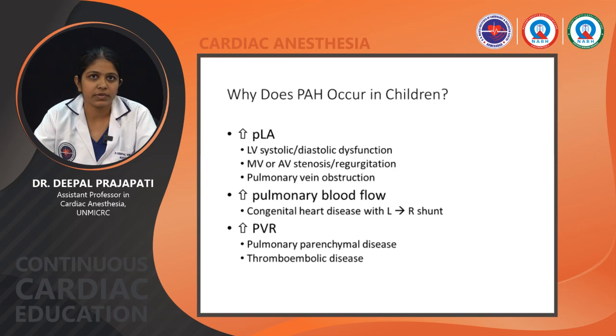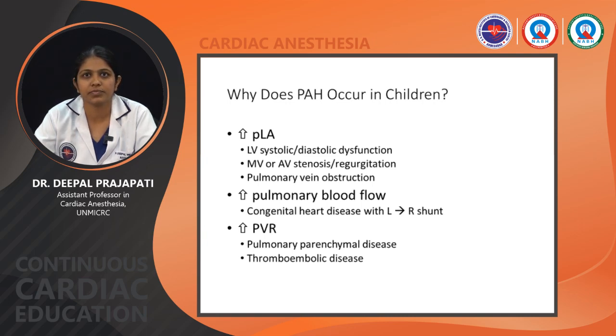Either there is left ventricular systolic or diastolic dysfunction, mitral valve or aortic valve stenosis or regurgitation, or pulmonary venous obstruction. The second cause, increased pulmonary blood flow, may be due to congenital heart disease with left to right shunt, and the third one, increased pulmonary vascular resistance, is due to pulmonary parenchymal diseases or thromboembolic disease.